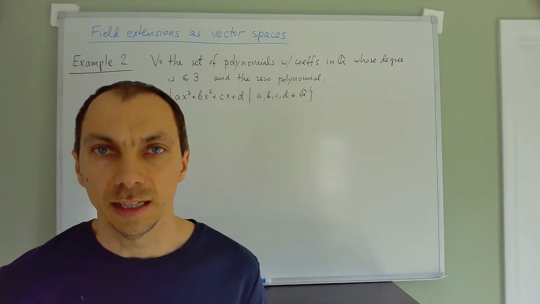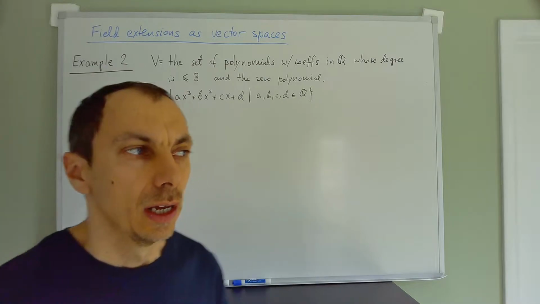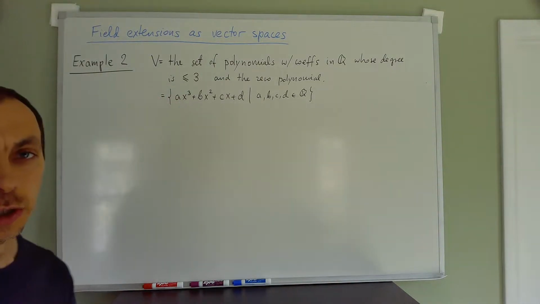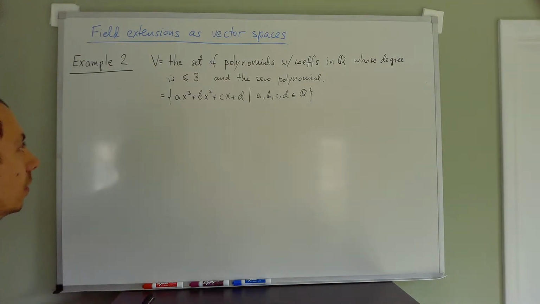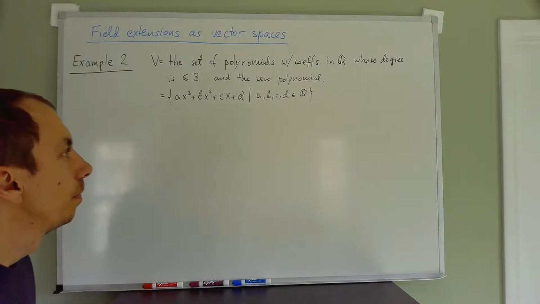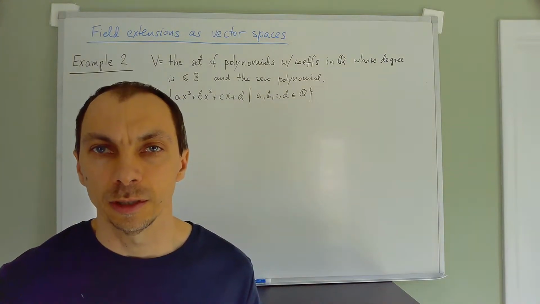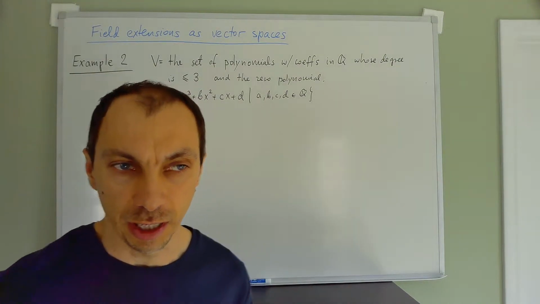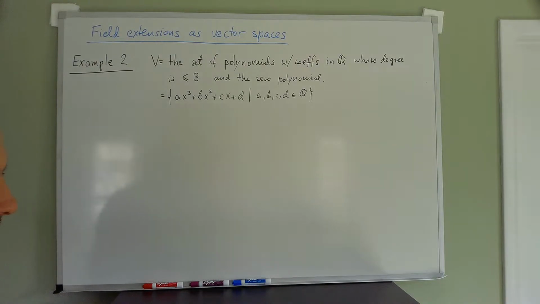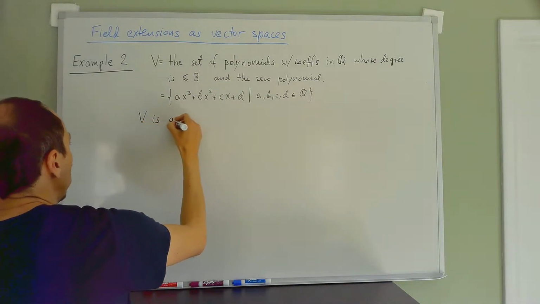Note that this set is not a ring in any natural way, because if I use standard addition and multiplication of polynomials, then if I take a polynomial of degree 3 and a polynomial of degree 2, I would get a polynomial of degree 5, and polynomials of degree 5 are not contained in this set. So this set is not closed under multiplication. So it is not a ring. It's not a subring of the ring of polynomials with coefficients in Q. It's only a subset. However, I claim V is a vector space over Q.